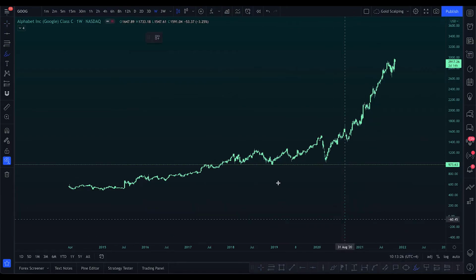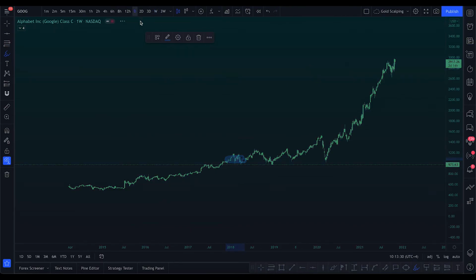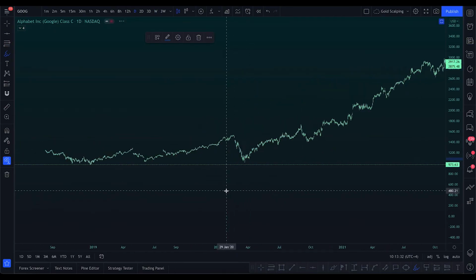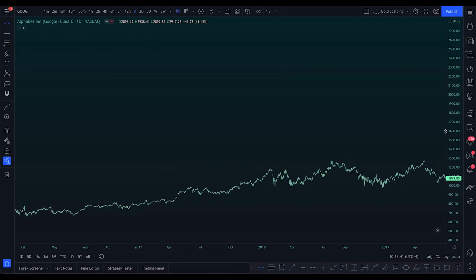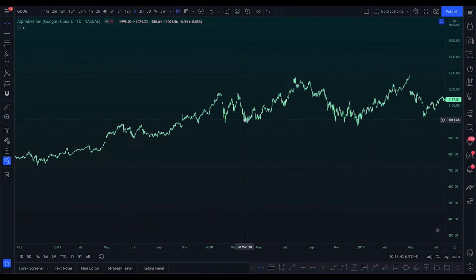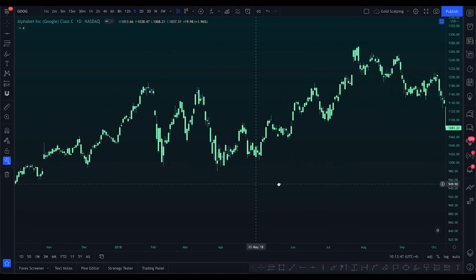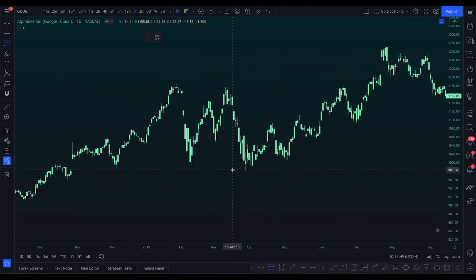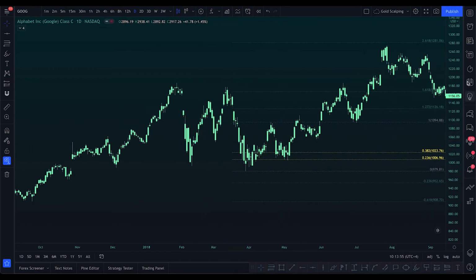So we mark that part. This is what we're looking for. You go to the daily, come back here, clean the chart a little bit. On this spot right here, this is what we're going to work. On this guy, you find the swing low to the swing high in that range, and now you zoom out.